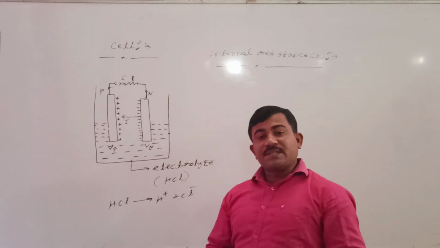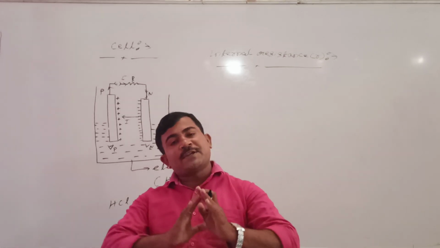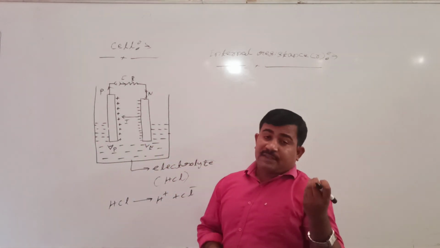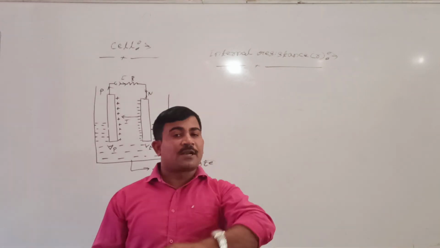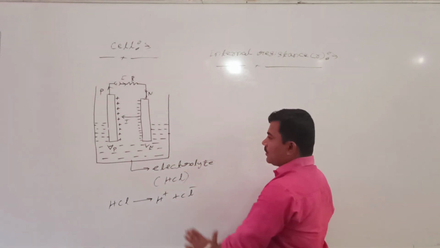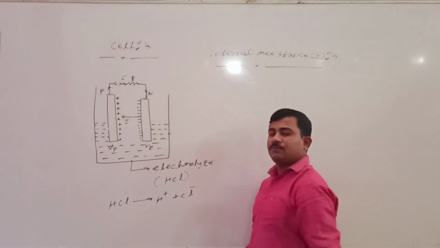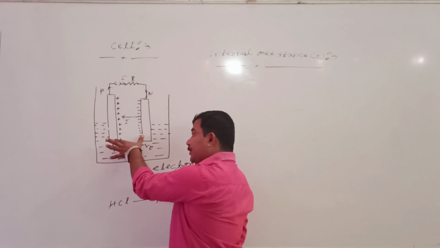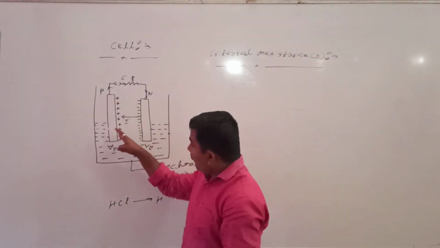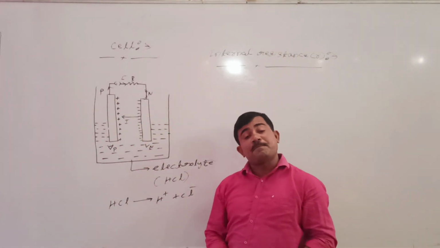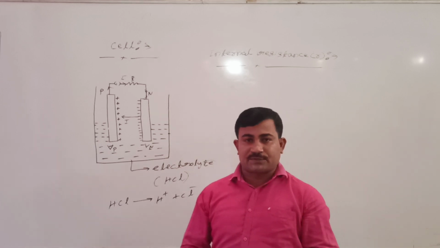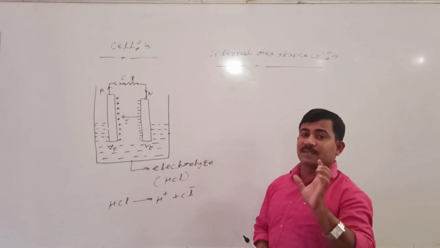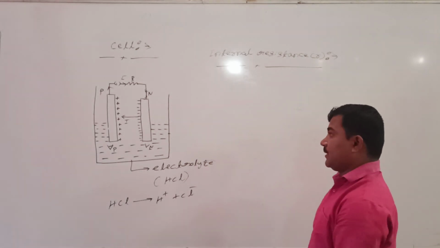And this internal resistance depends on so many factors: the concentration of the electrolytic solution, the conductivity of the electrolytic solution, the separation between two electrodes, the area of the electrodes, and the temperature of the electrolytic solution also counts. Let us see one by one.